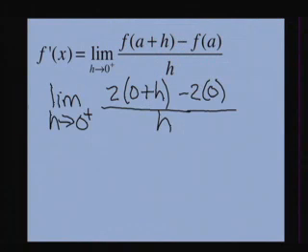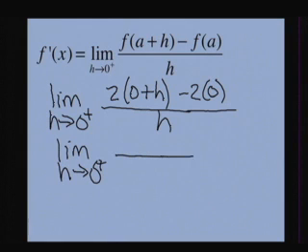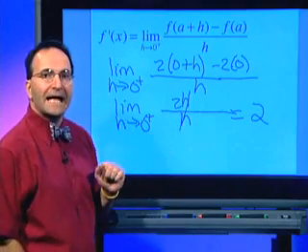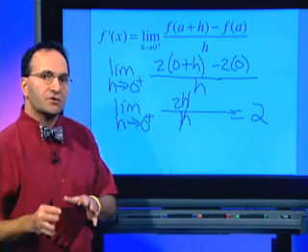We have 0 plus h, which of course is just h, times 2. So we have the limit as h goes to 0 from the positive side of 2h over h. And of course, the h's cancel, and so the limit is just equal to 2. So the right-hand limit is equal to 2.